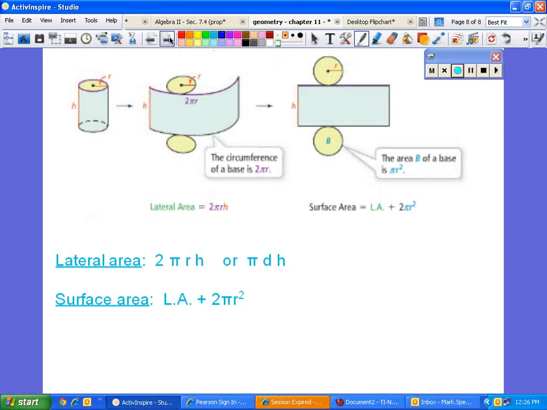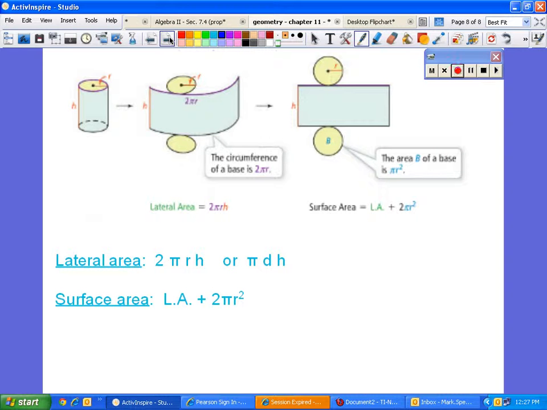Because there are 2 circles in the problem. It's the area of the top plus the area of the bottom. So that's why we multiply by 2. Pi r squared is the area of a circle, but because the cylinder has 2 circles, one at the top, one at the bottom, we multiply that by 2.